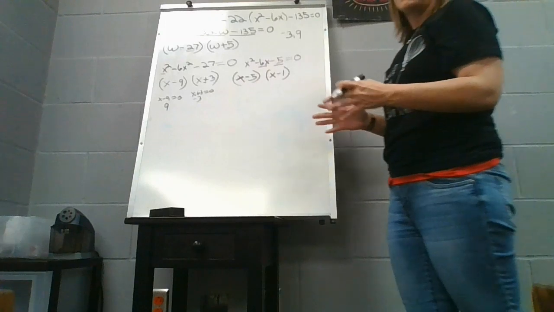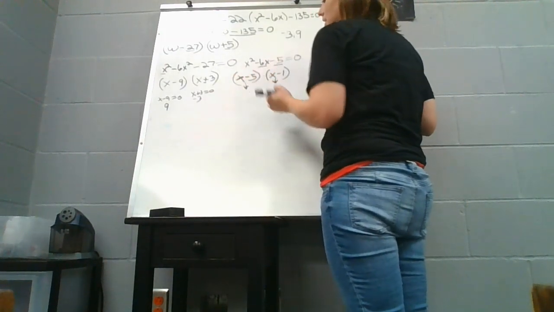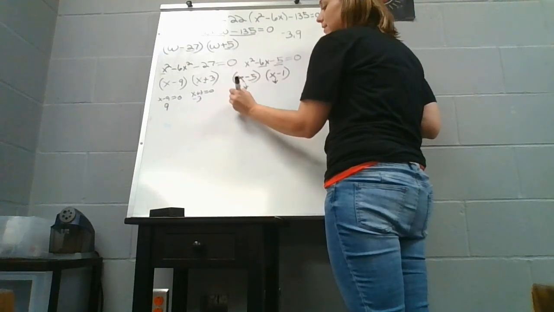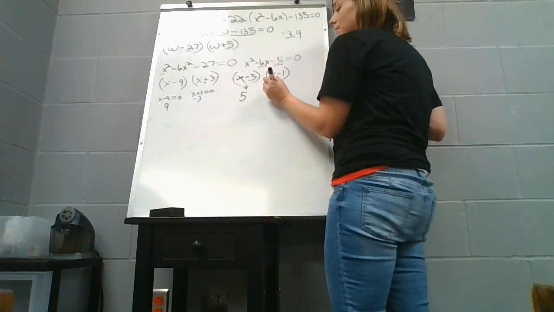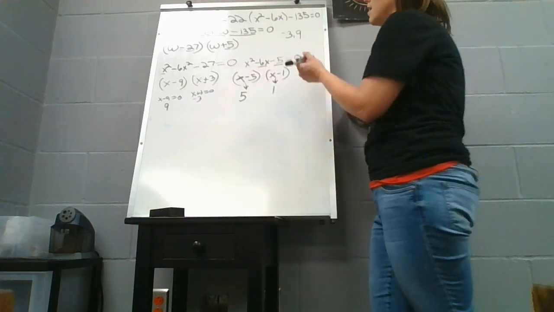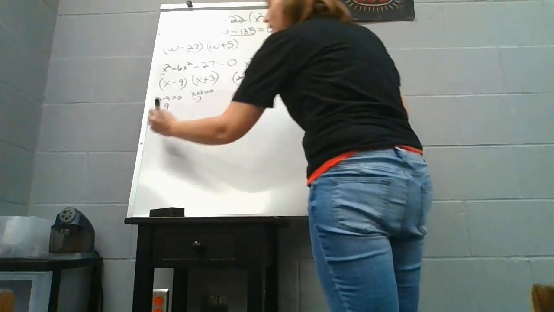Again, we use the zero product principle rule, where each of these need to equal 0. So we use a reciprocal. Negative 5 becomes positive 5, and negative 1 becomes positive 1. So now we have the other two numbers for our solution set.